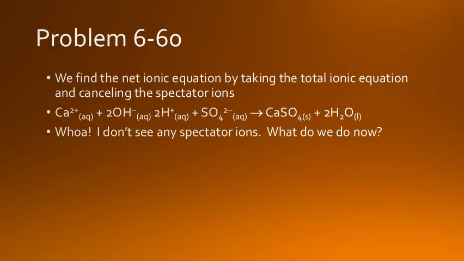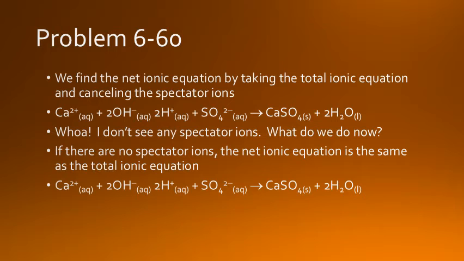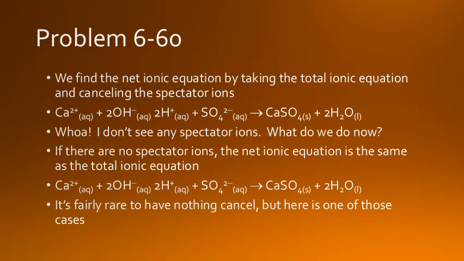What do we do now? Well, if there's no spectator ions, the net ionic equation is the same as the total. So for the answer to this problem, we'll just put this same reaction in. This is not common, but you will see problems like this, and here is an example.